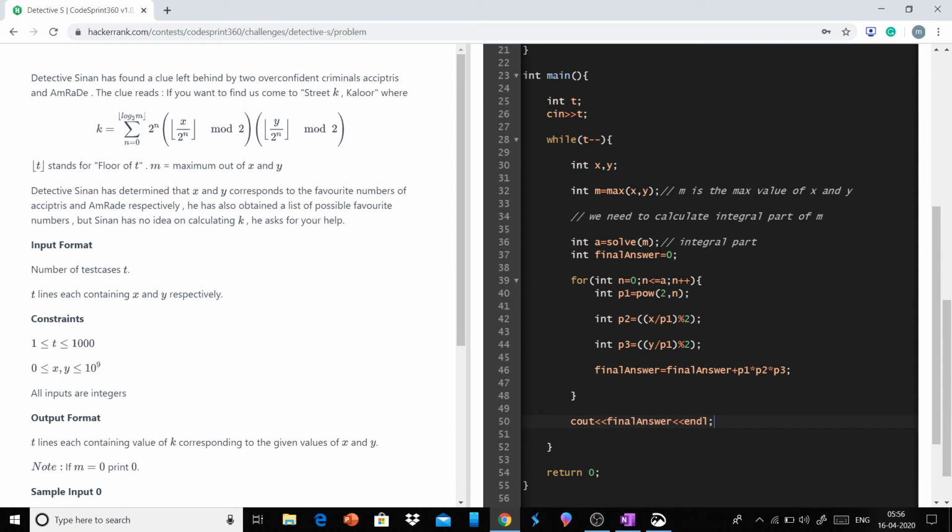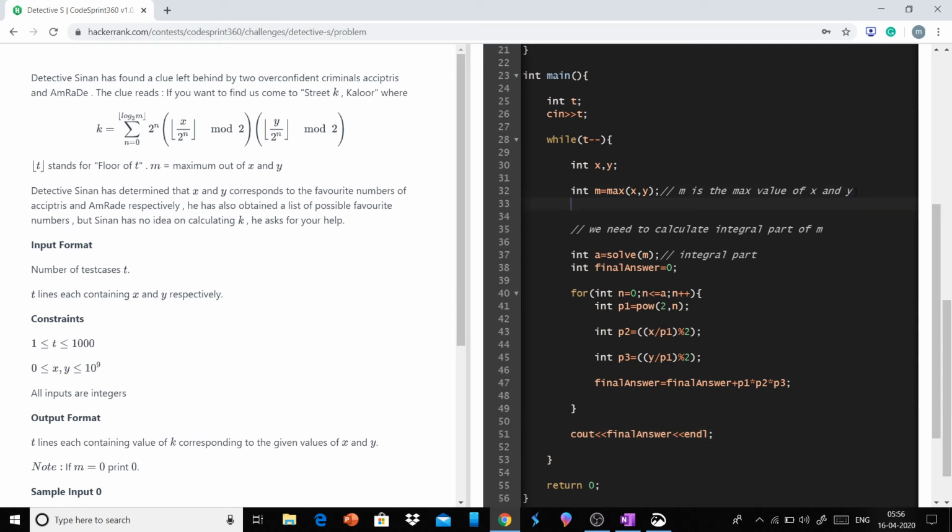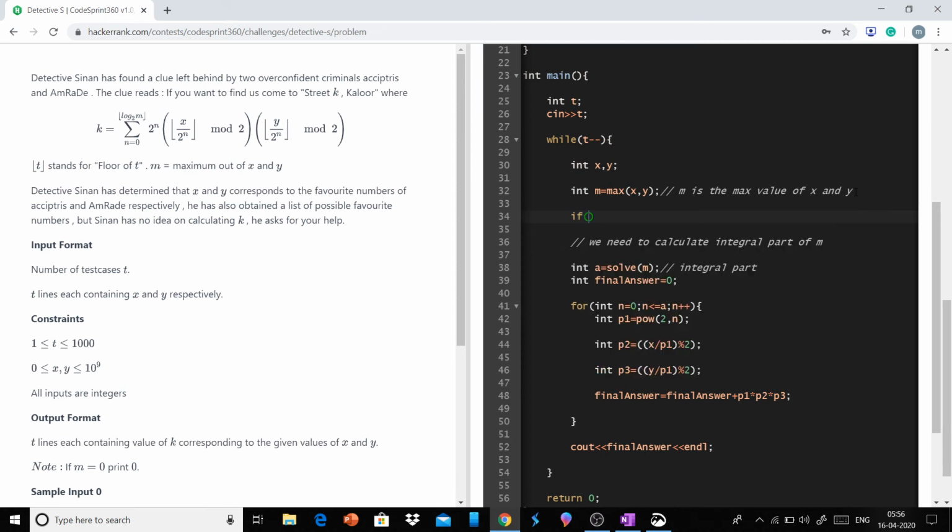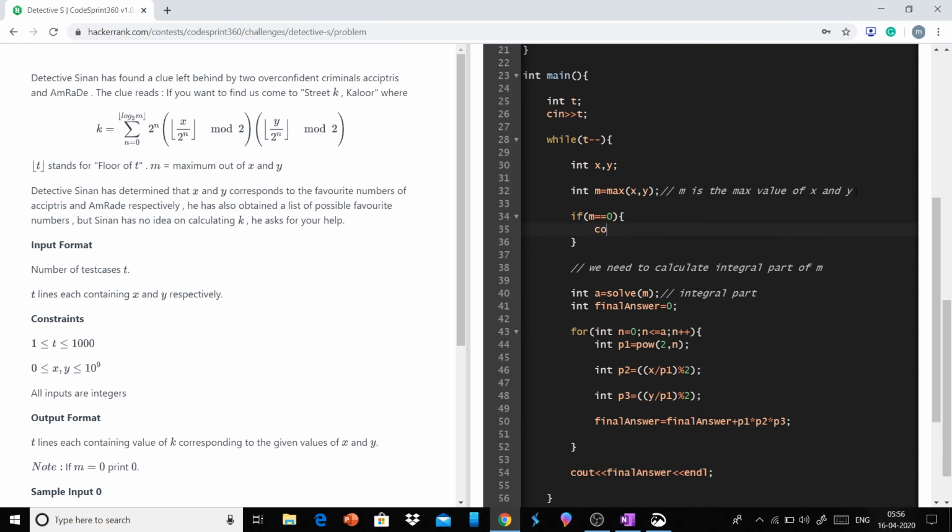And one condition we forgot, when m is equal to 0, let me add that. If m is equal to 0, what we have to do is cout 0, and that's all we need to do.